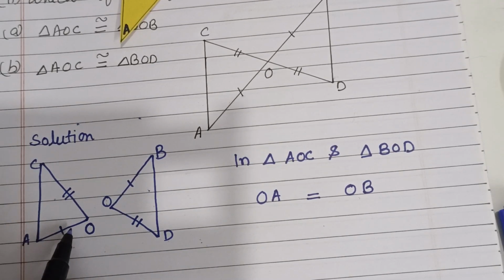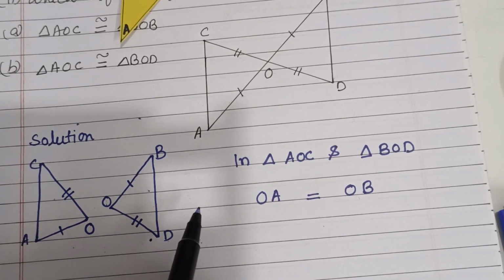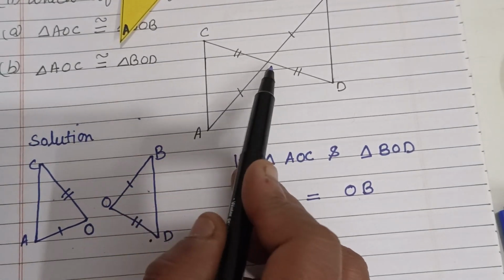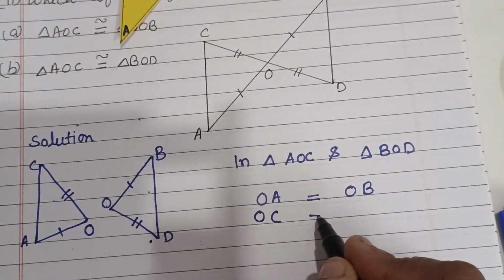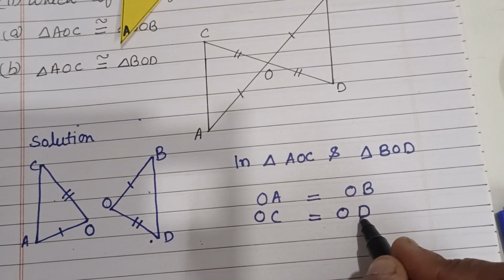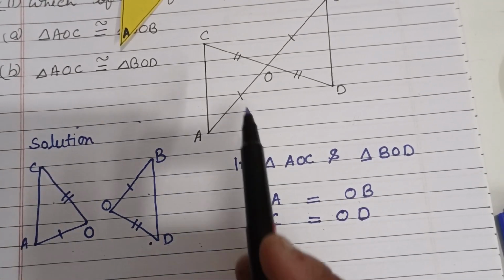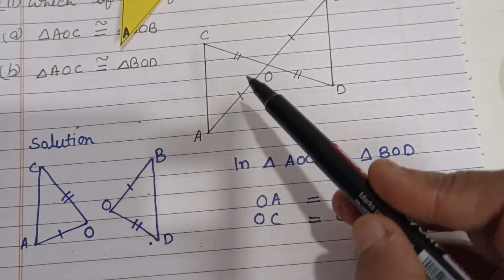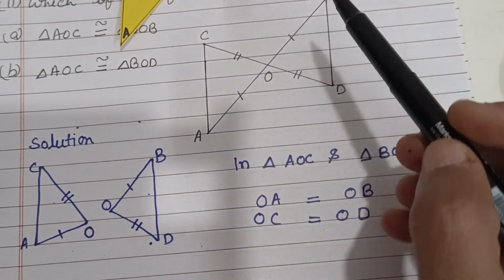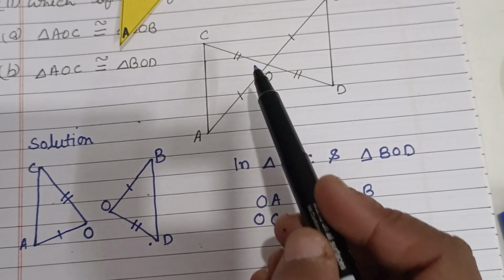Now OC and OD are marked by the same marks. So OC equals OD. Now we can see that in these two triangles, this side is equal to this side and this side is equal to this side. So what is the angle included between them?